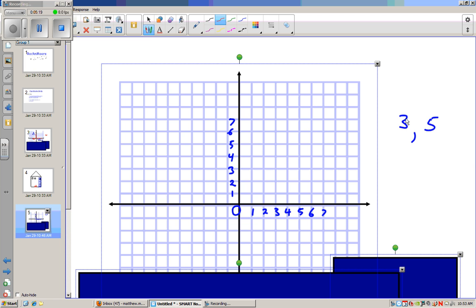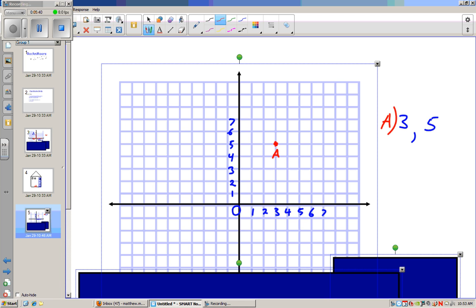Well, the first number is 3, and I know I always go over first. I place my ladder before I climb up it. So I find 3 here, and now I'm going to go where 3 meets 5, and that is where I can plot my point. So that point right there is the point 3, 5. If it was labeled, I could say, oh, that's point A.